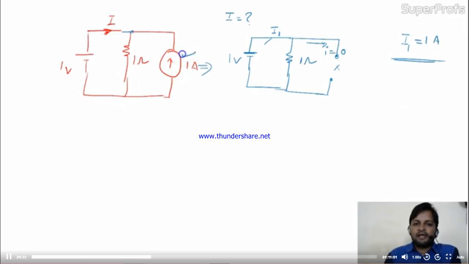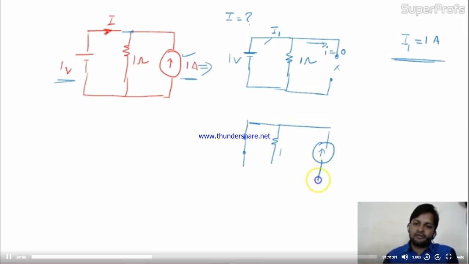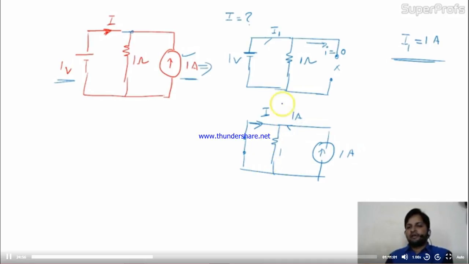Now come to the second one. Means you have to apply the 1 ampere current in the circuit, and you will turn off the voltage source. How to turn off the voltage source? By making it short. And this is 1 ohm. Okay, fine. This is the current source. This is the current I. Now this is the 1 ampere current coming over here. Now where will it go? See, in this path the current is getting short circuit.